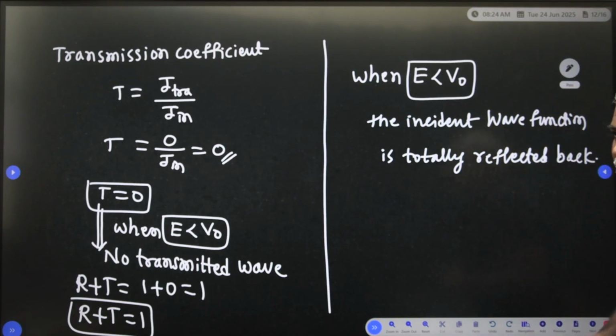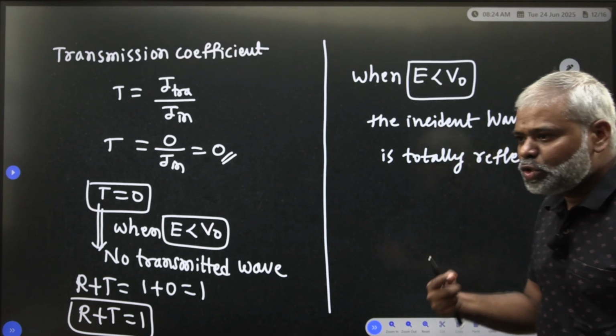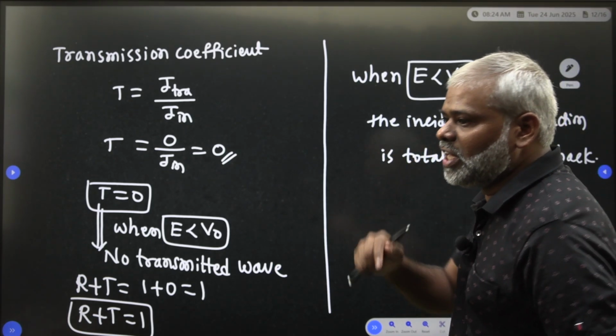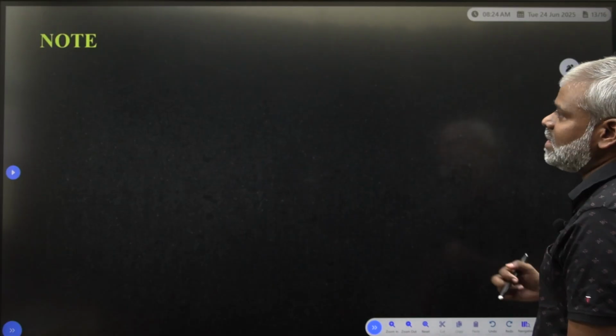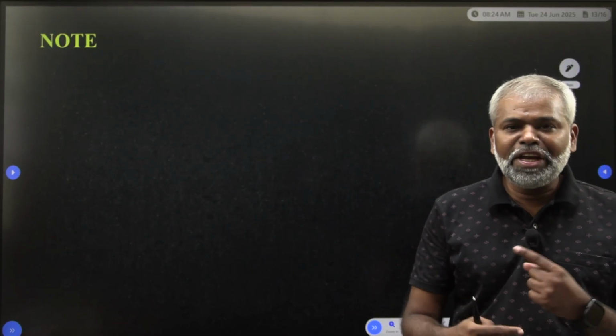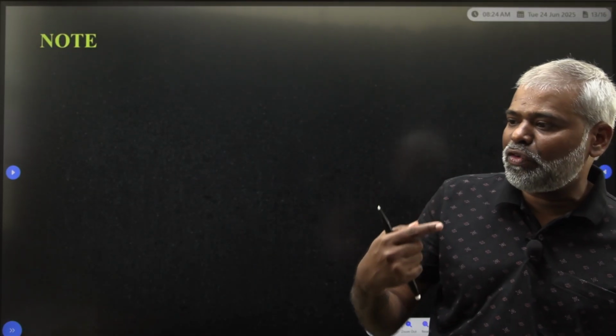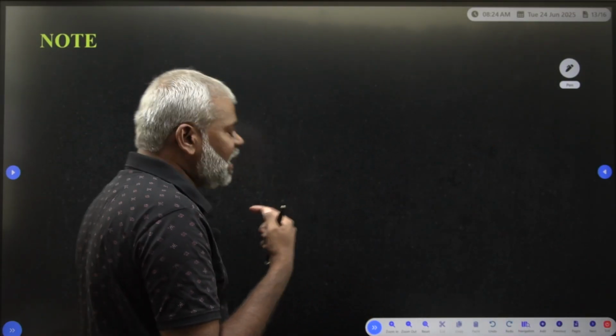This is a very, very important condition theoretically, but according to quantum mechanics we need to give one note. So what is the note? We need to calculate the wave function existing in region 2.